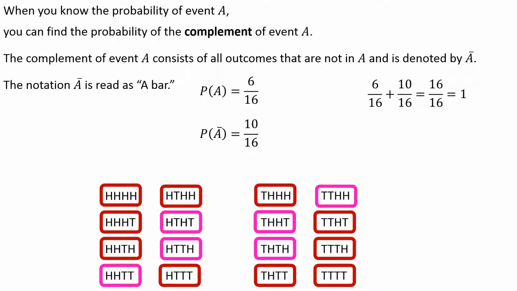Notice that these probabilities, again, add up to 1, right? Either we will get exactly 2 heads, or we won't get exactly 2 heads. And of course, I can reduce the fractions. Sure enough, it still adds up to 1. So the probability of the complement has to be 1 minus the probability of the event.